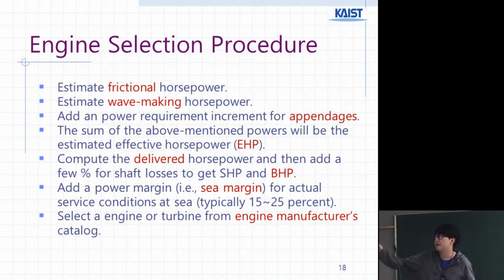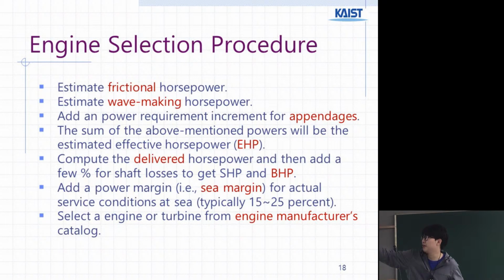At first, estimate frictional horsepower, estimate wave making horsepower, and add the power requirement increment for appendages. And also we should calculate the sum of the above mentioned powers, frictional horsepower and wave making horsepower.